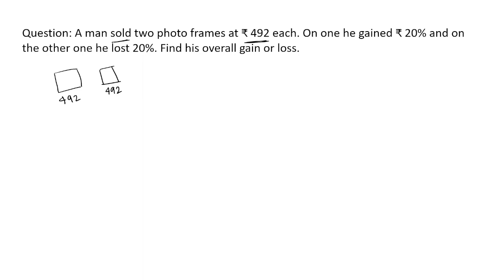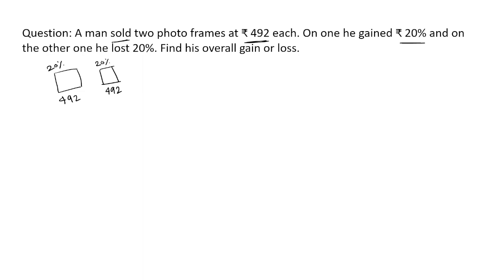Okay. So for one he gained 20% extra, and here he lost 20%. So find his overall gain. At one photo frame he gains 20%, on the other he lost 20%.